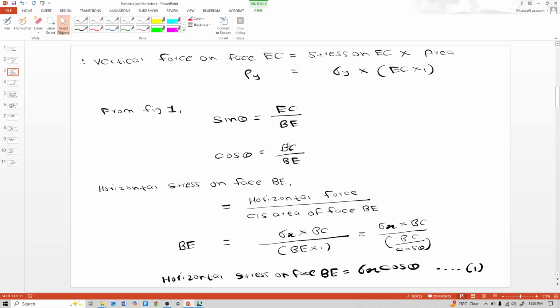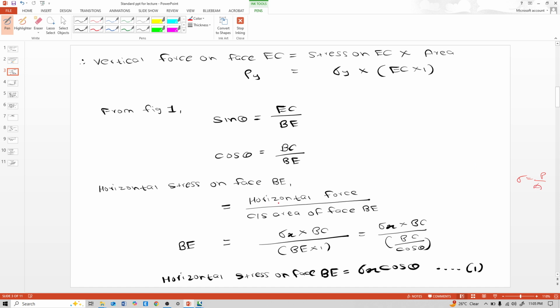EB or BE, same. So horizontal stress on face BE is equal to horizontal force upon cross sectional area on face BE. Stress is equal to load upon area.